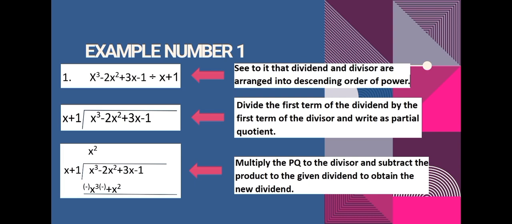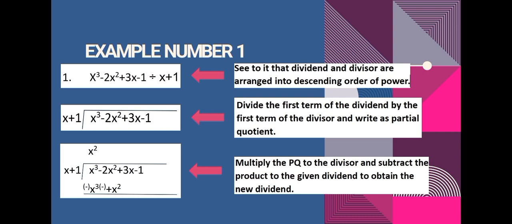Now we need to change the sign of the product. So since x cubed is positive, we will change it into negative, and x squared is also positive, then we will change it into negative. And now we subtract the dividend and the product.